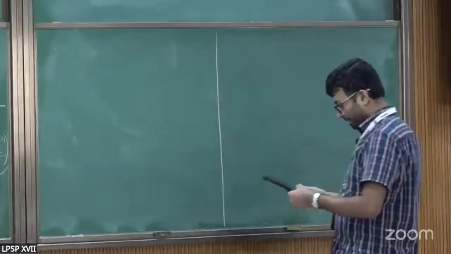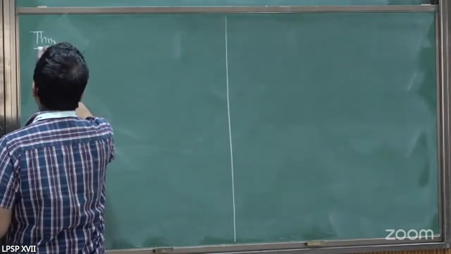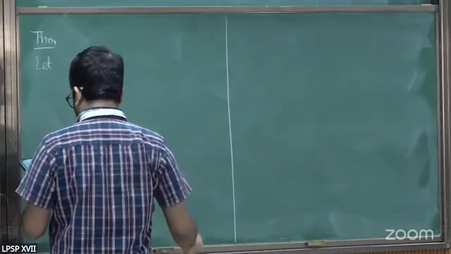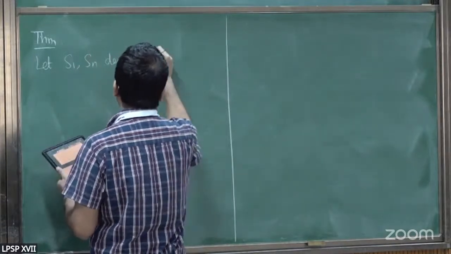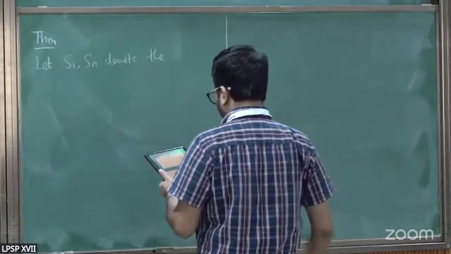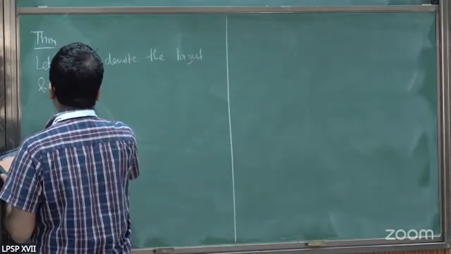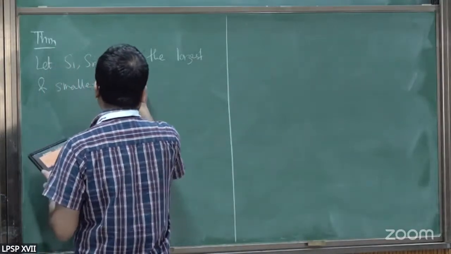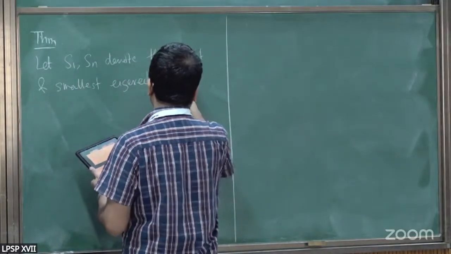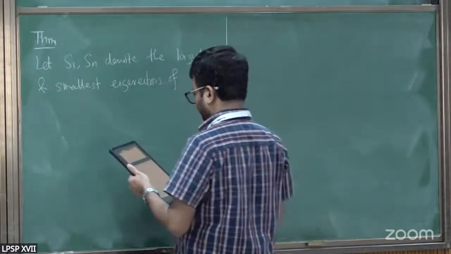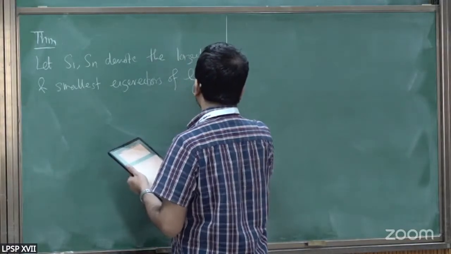So, let S1 and Sn denote the largest and smallest eigenvectors of this contracted matrix Mn.